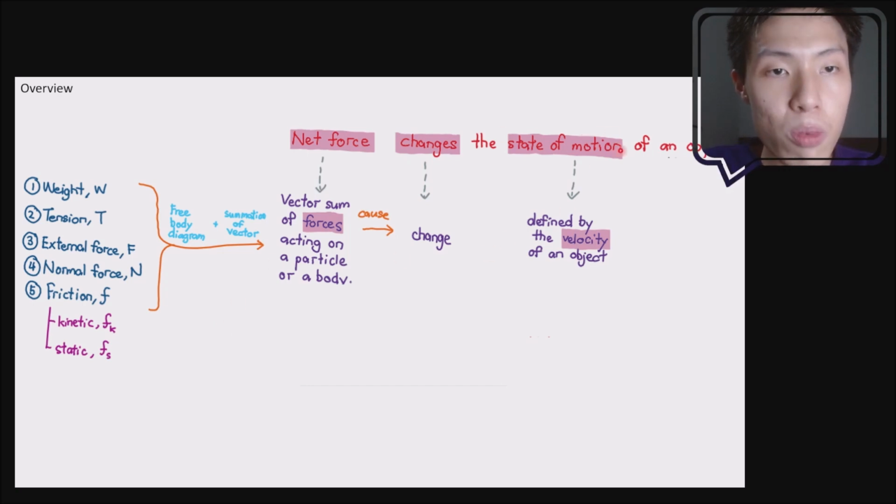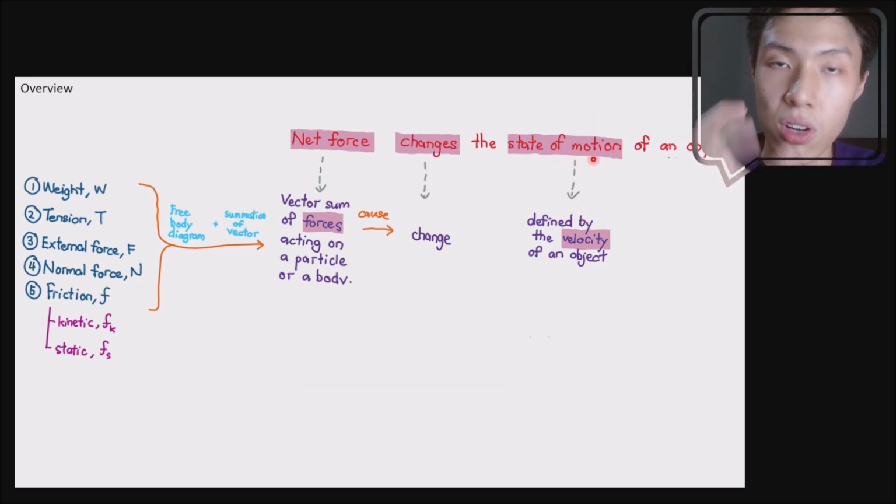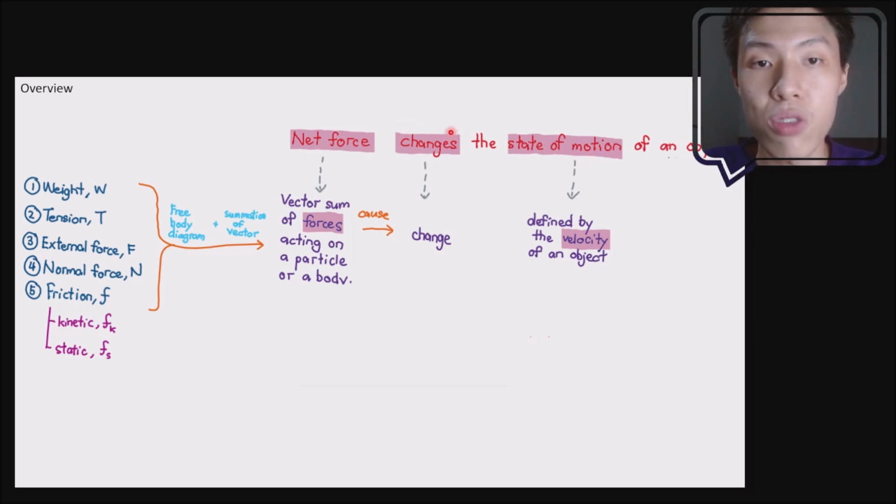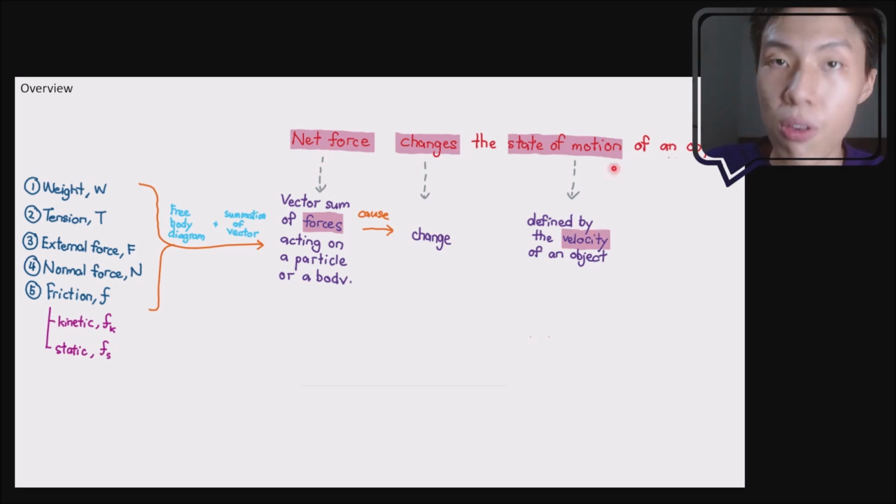So state of motion, as I mentioned with a few examples just now, is about velocity. 5 meters per second to the right is velocity. So if your velocity is constant, that means your state of motion is constant, it doesn't change. But if you change state of motion, that means your velocity will change. So net force changing the state of motion of an object means net force will change the velocity of an object.